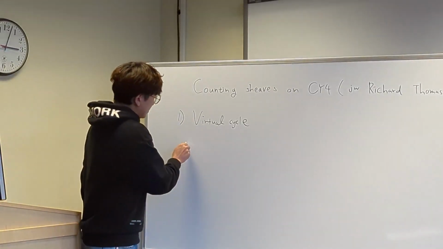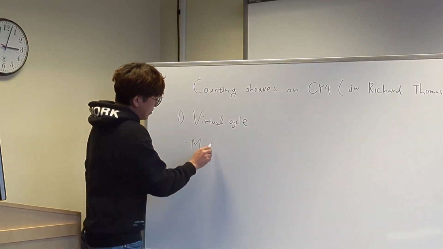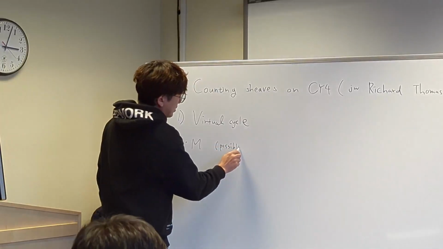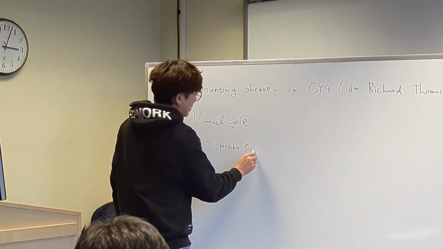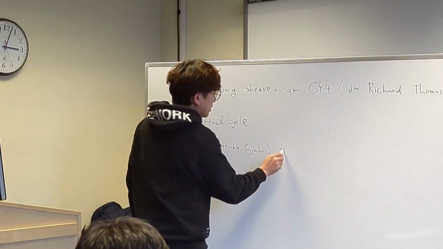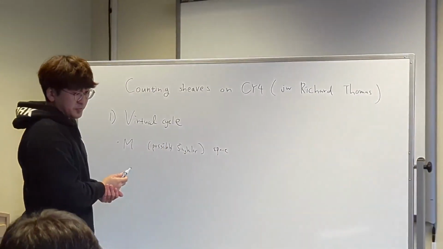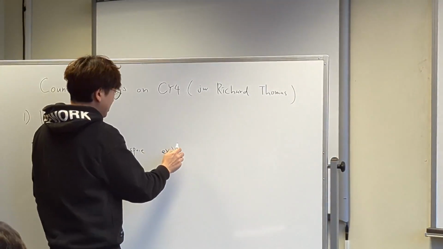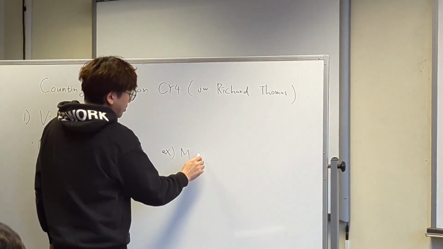Okay, so M is a possibly singular space. For instance, in our examples, it will be a moduli space.